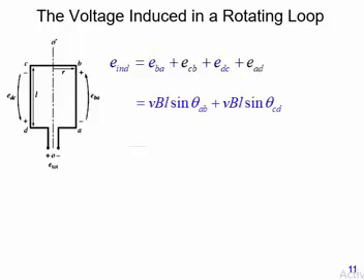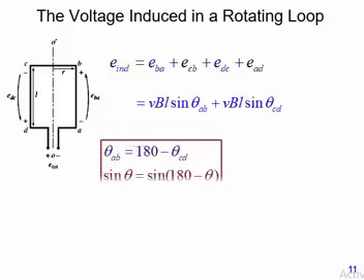As discussed earlier, the total induced voltage is equal to the sum of the induced voltages of every segment. Two of them would be equal to VBL sine theta, while the other two would be equal to 0.